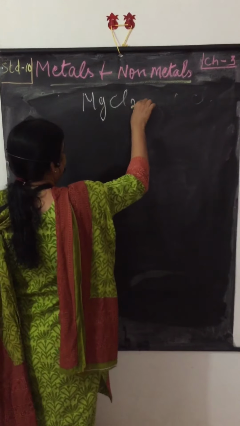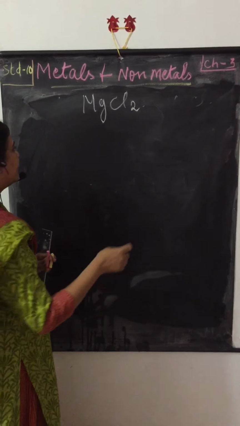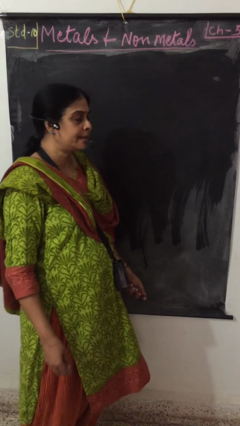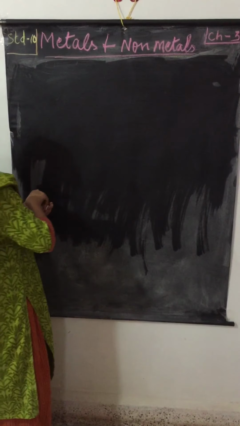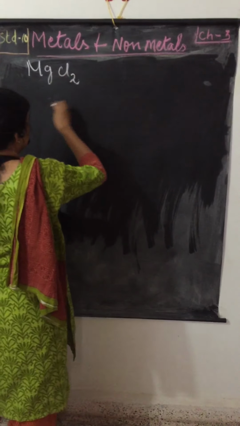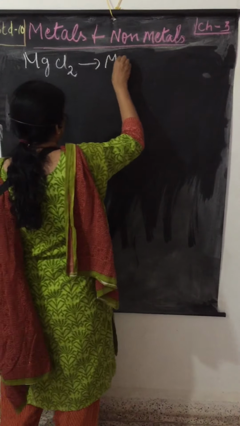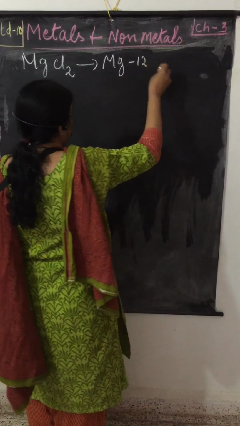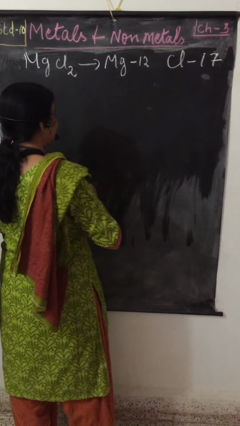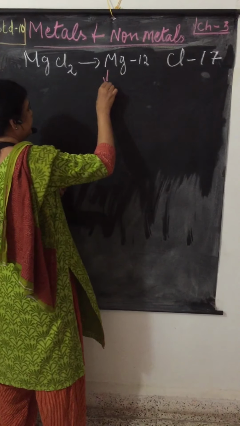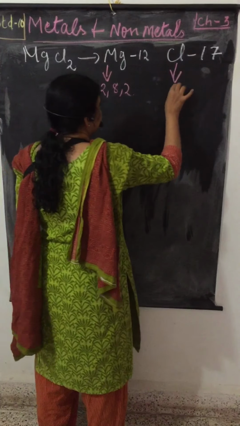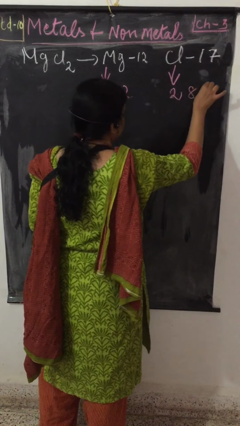Now let us discuss how magnesium chloride is formed. The atomic number of magnesium is 12 and chlorine is 17. The electronic configuration of magnesium is 2, 8, 2 and chlorine is 2, 8, 7.